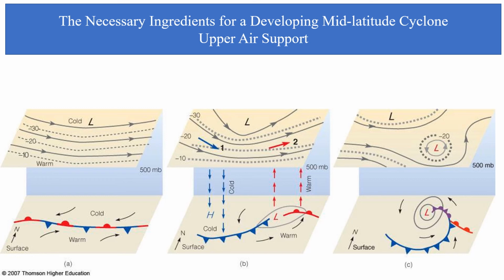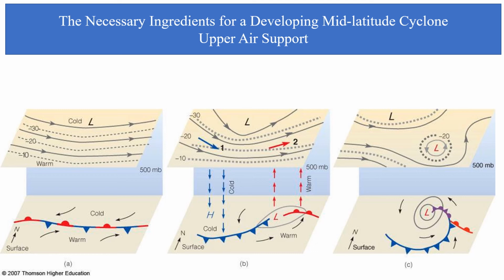In picture B on the 500 millibar chart, cold advection is occurring at position A, indicated by the blue arrow, as wind crosses the isotherms and brings cold air into the trough.